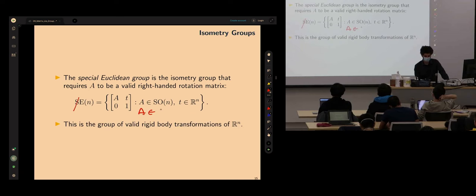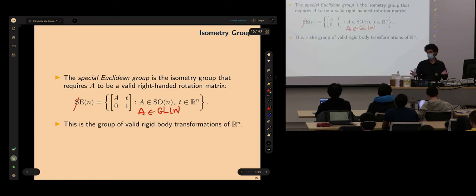So it's not rotation. What should it be? Or we could say general linear. Or it could be other groups too, right?